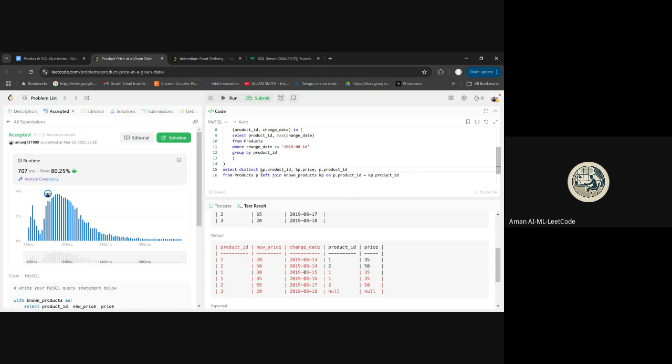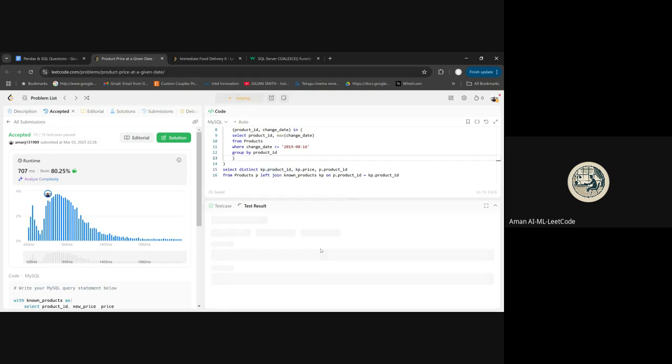So let's get the distinct values of these three things: product ID and price. We'll get this row, this row, and this row. We get three rows here because we're trying to get the distinct values.